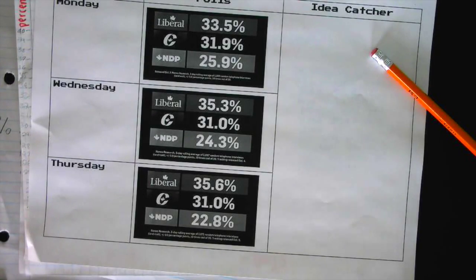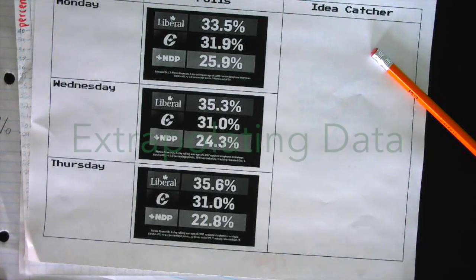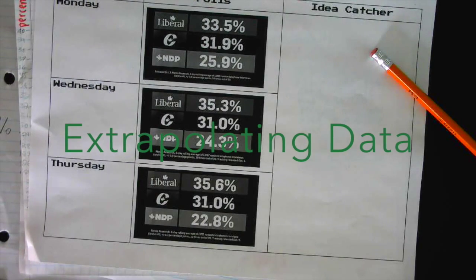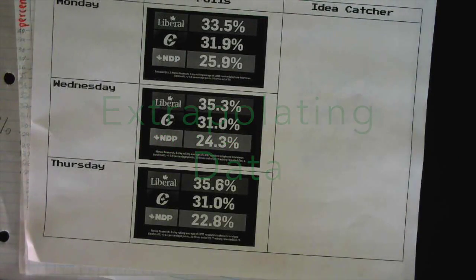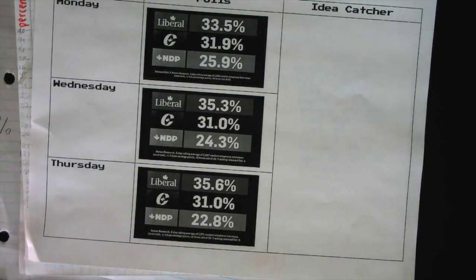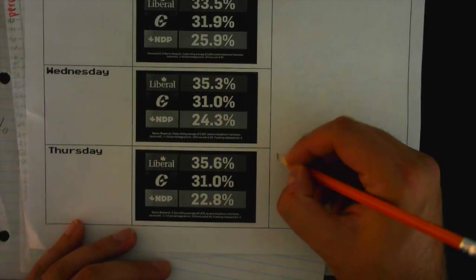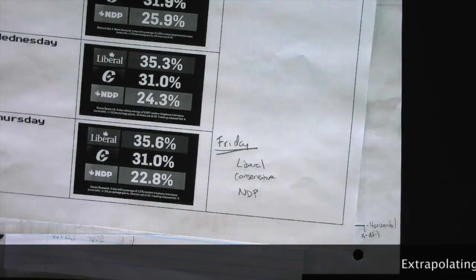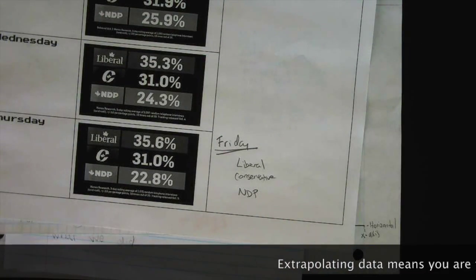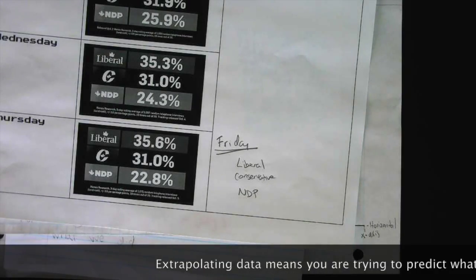So this next part of the lesson is called extrapolating data. That means when you're going to make predictions, and what we're going to analyze today is how we are going to make those predictions for the future. So we're trying to predict Friday. My question to you is, what do you think this data will look like on Friday, and why do you think it's going to look like that?